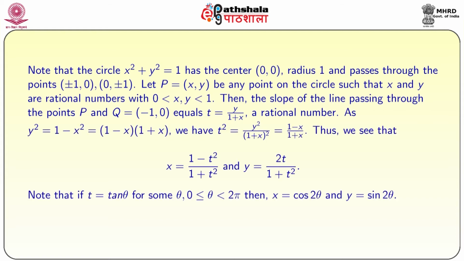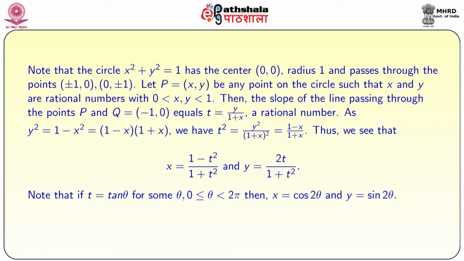As y square is equal to 1 minus x square, which is equal to (1 minus x) into (1 plus x), we can see that t square is equal to y square by (1 plus x) whole square, which is equal to (1 minus x) by (1 plus x). So, now t square equal to (1 minus x) by (1 plus x) can be simplified to get x equal to (1 minus t square) by (1 plus t square) and y is equal to 2t by (1 plus t square). That means we have expressed x and y in terms of a single rational number t.